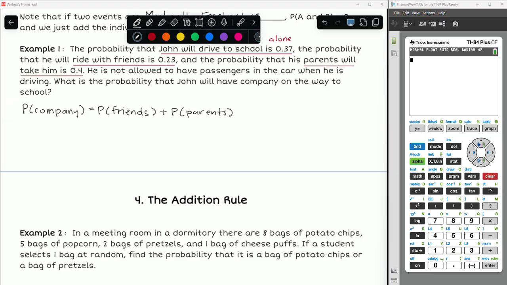So he's either riding with friends or he's riding with his parents, and there isn't any overlap between these categories. So to calculate that probability, I'm adding the probability that he rides with friends and the probability that his parents take him. And that gives us 0.63.